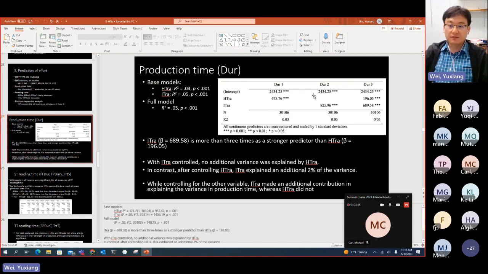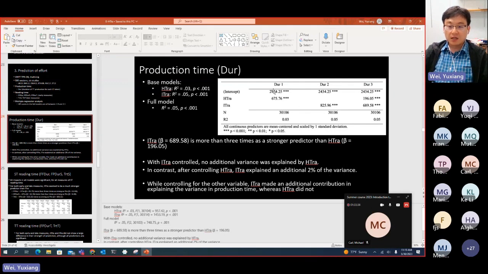And we can also see from this result that with ITra controlled, no additional variance was explained by HTra, simply because adding HTra doesn't really increase the R-square. In contrast, after controlling HTra, ITra explained an additional 2% of the variance.